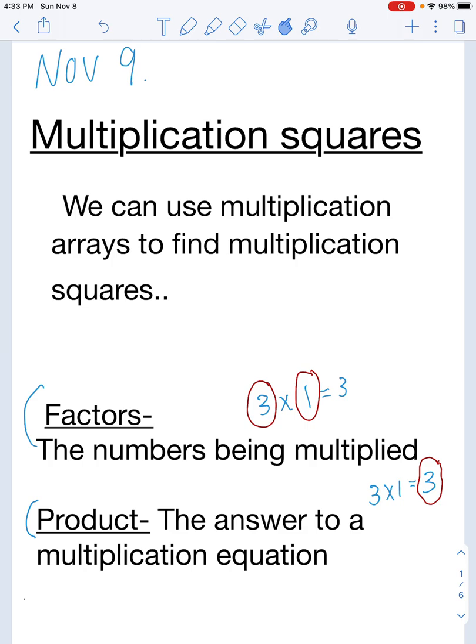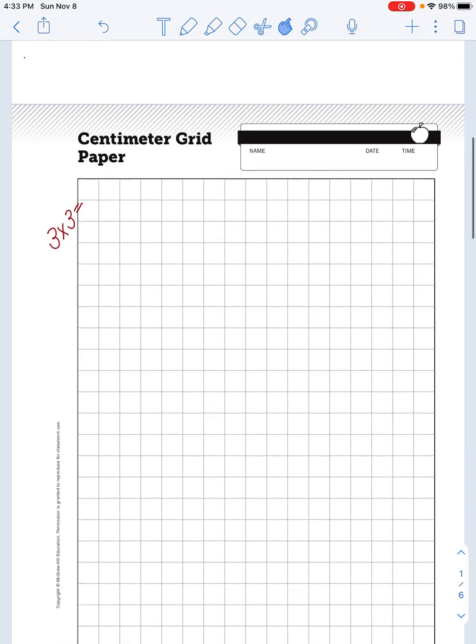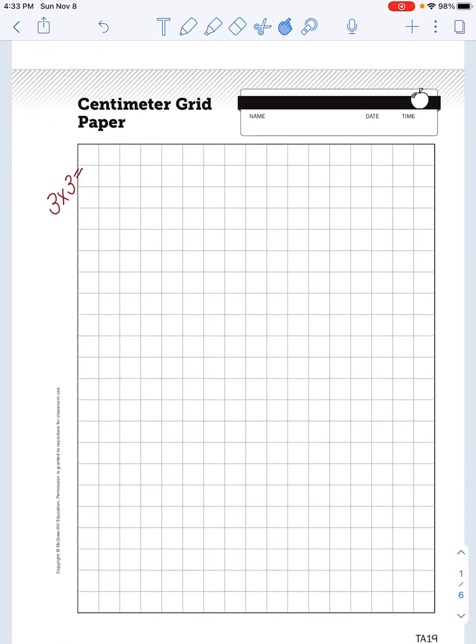Okay, so let's find out what multiplication squares are. A multiplication square is an array that looks like a square.